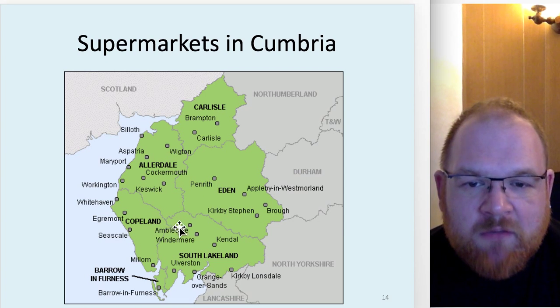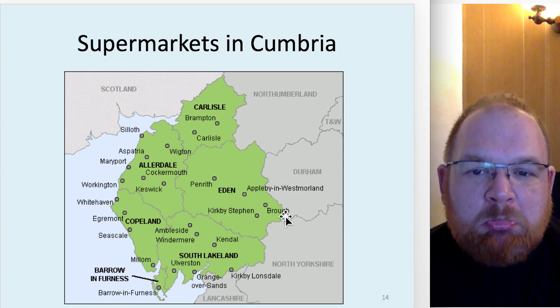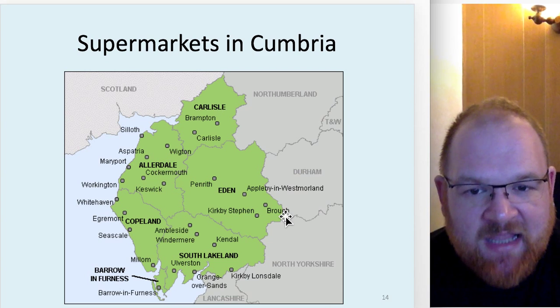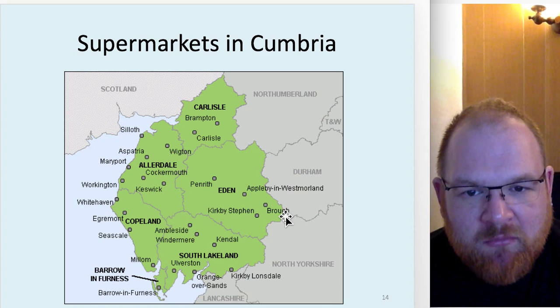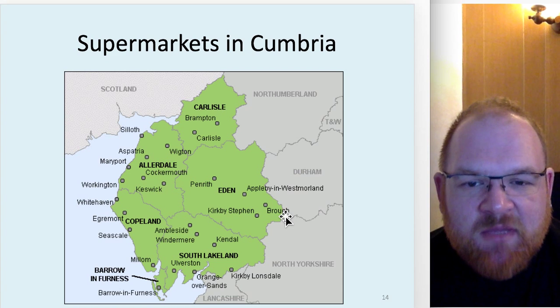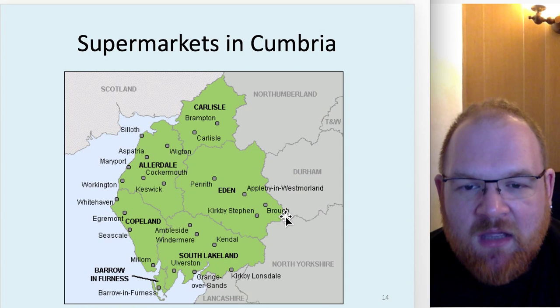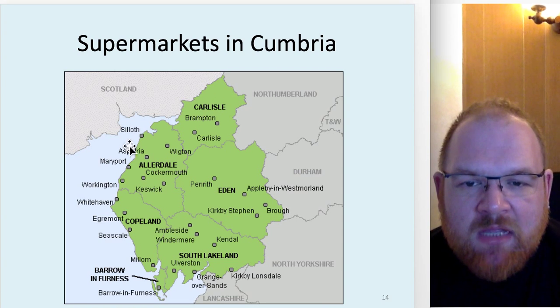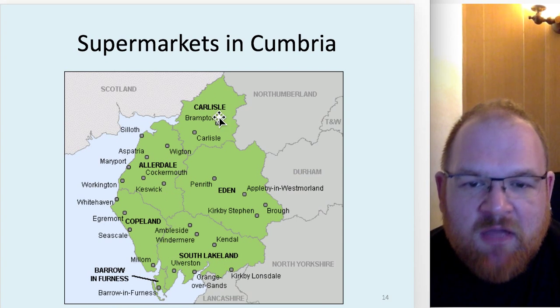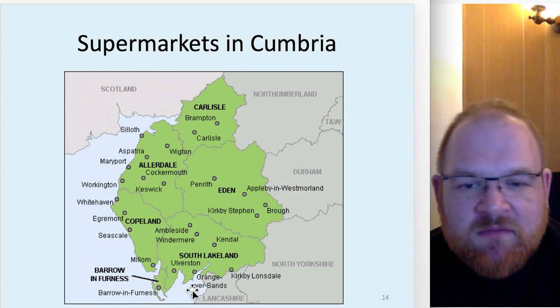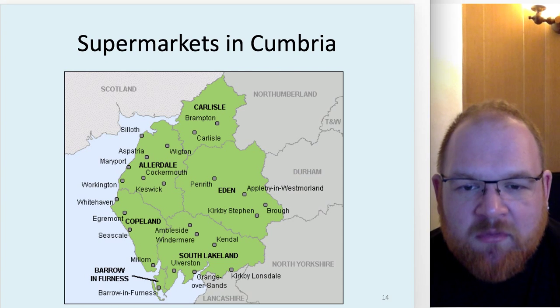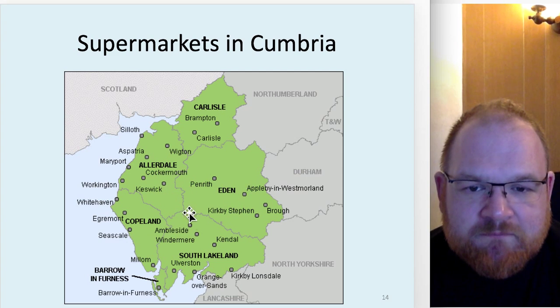In the middle of Cumbria, you have lots of hills, lots of lakes, and relatively speaking, very few people. And around the outside, you have where the largest bulk of the population live. There's a lot at the top, there's a lot at the bottom, there's some around the sides, but there's very, very little in the middle.